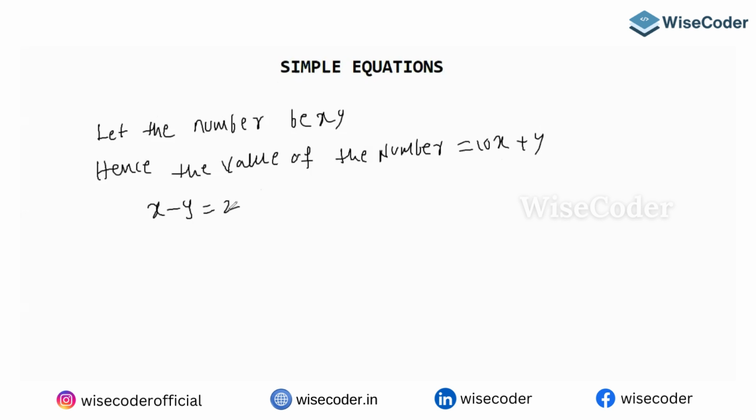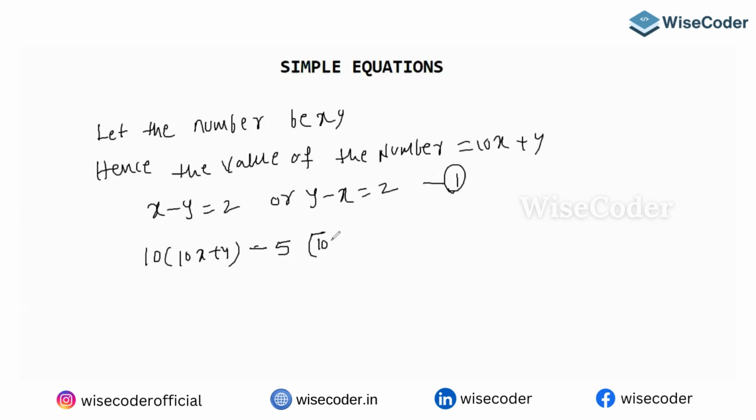So x minus y is equal to 2, or y minus x is equal to 2. He didn't mention which. Okay, let's say this is equation 1, either one. But what is he saying? 10 times the number, this is the number 10x plus y, exceeds 5 times the sum of the number formed by reversing the digits.